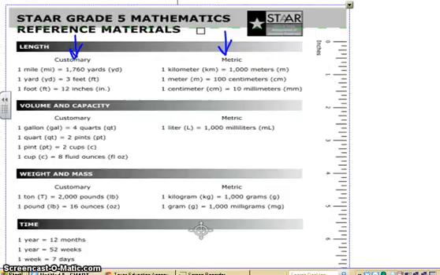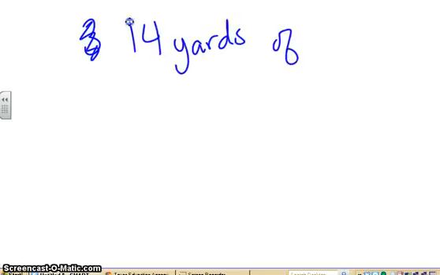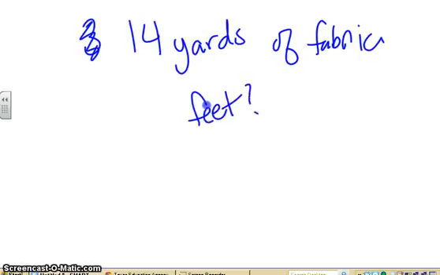So let's say that the problem talks about us having, our problem says we have 14 yards of fabric. And it wants to know how many feet do we have of that fabric. So obviously we're going to have to be converting from yards to feet.